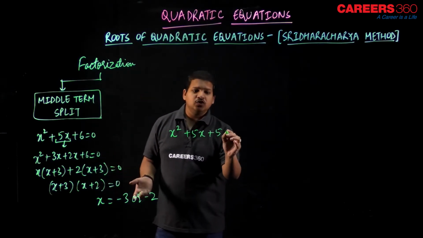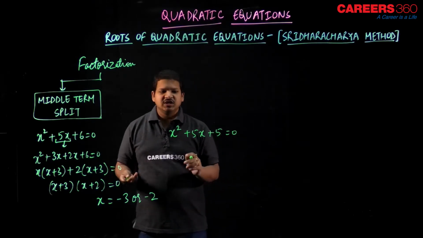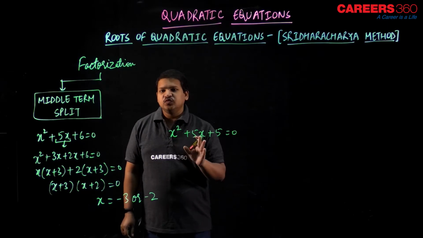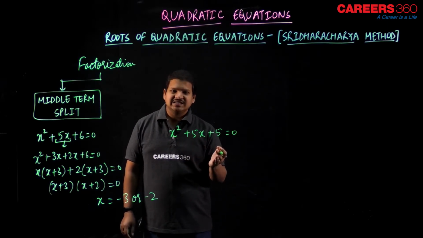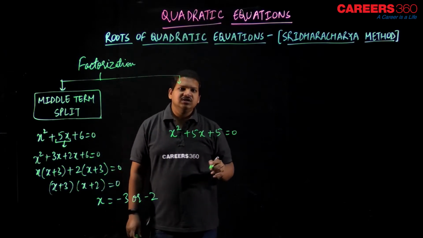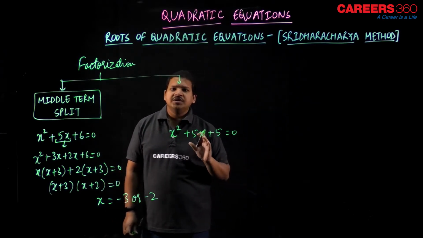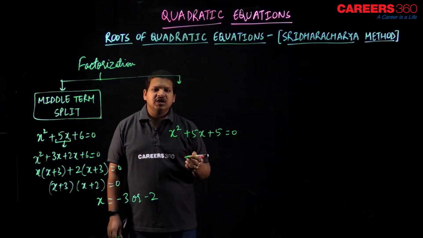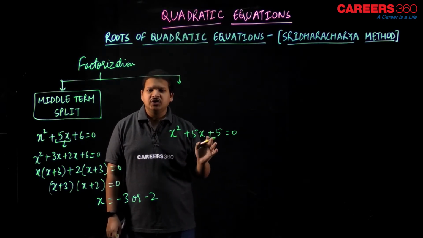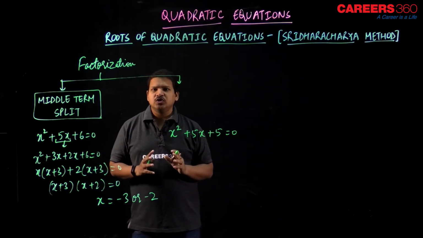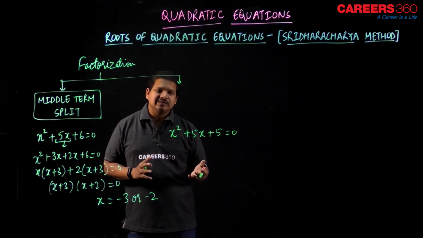Then what would be those two numbers? How would you be able to split? This will not be an easy task for you, and that is why there was this mathematician Sridharacharya. He formulated one method in which finding the roots of any quadratic equation gets very easy, right.